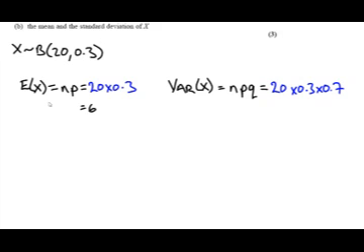I know that P and Q will add together to give me 1. Multiplying these, I get 4.2, and the standard deviation is going to be the square root of 4.2, which is 2.0494. Right, that was nice and straightforward. On to the next one.